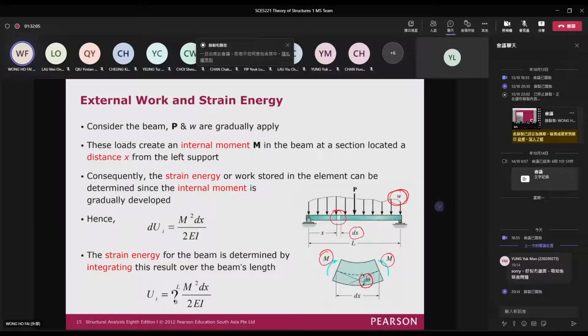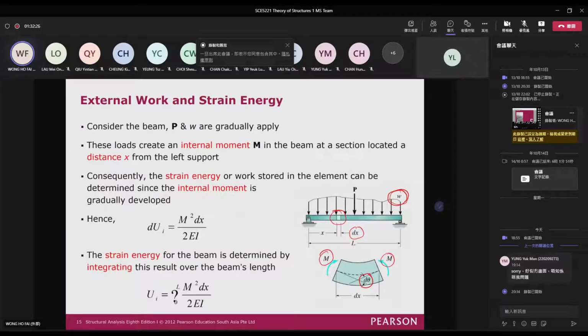So the strain energy developed in the beam is due to the moment. And you know that this moment will cause the d theta of the structure. So the moment will increase and then the deformation will increase.